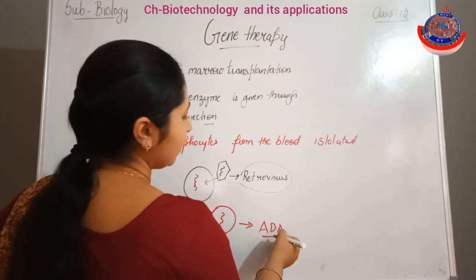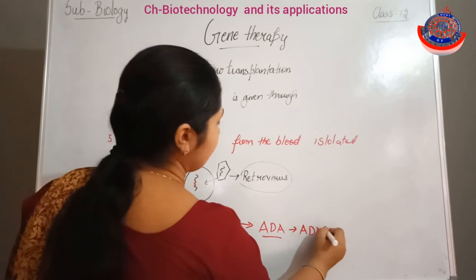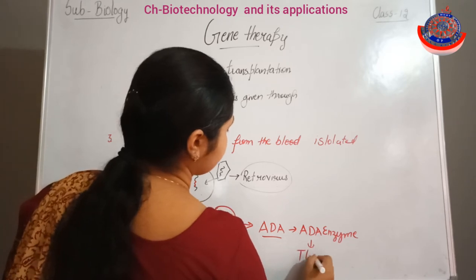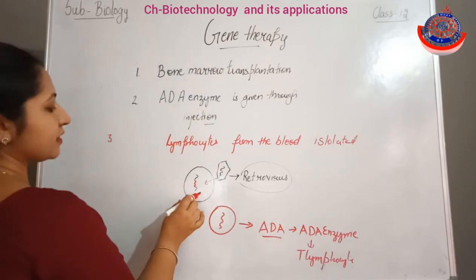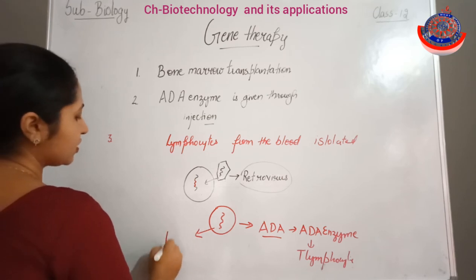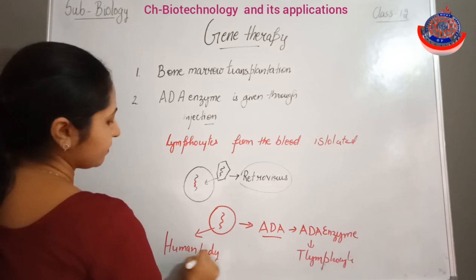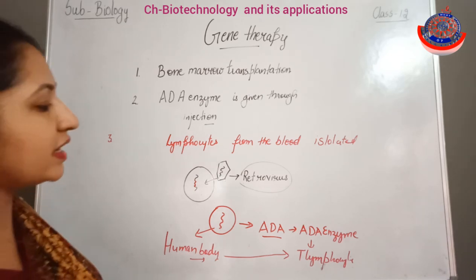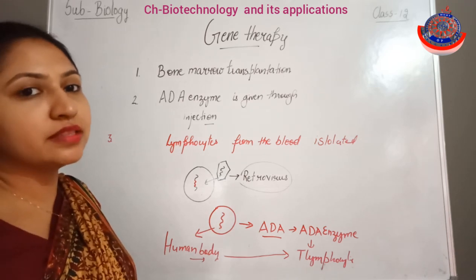Then it produces the ADA enzyme, and then T lymphocytes. When these lymphocytes having the functional gene are introduced into the human body, they are able to produce the ADA enzyme, and the T lymphocytes will be functional in the body.